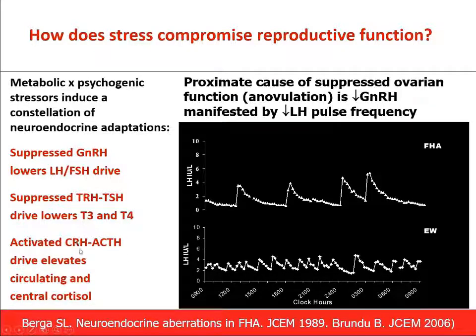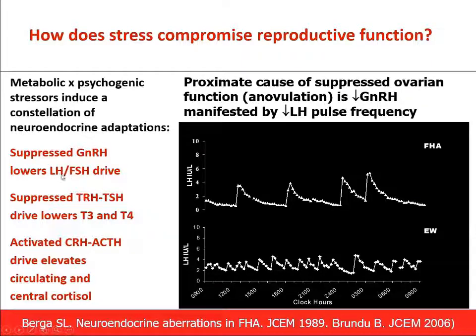In other words, if you do have increased cortisol via activation of the limbic hypothalamic pituitary adrenal axis, you will have suppression of the thyroidal axis. And it's important to understand how that presents because screening with TSH alone will not allow you to identify this. And in infertility, we know that thyroxine plays a very critical role in embryogenesis and pregnancy. But often what will happen then is a partial or complete suppression of GnRH drive.